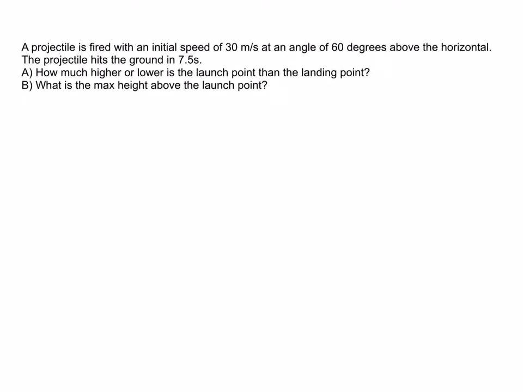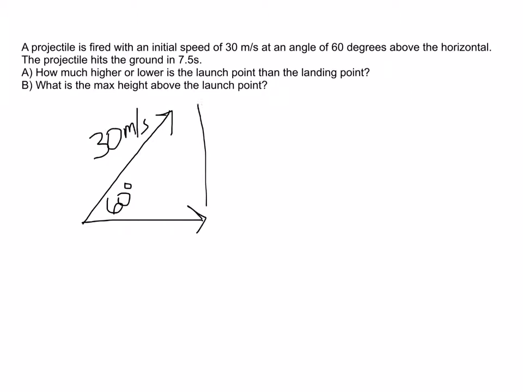So let's do what I like to do first, draw a picture. Here we go. We've got an angle of 60 degrees. This initial velocity is 30 meters per second. And so we have the Vy and we have Vx. So we take the sine of 60.